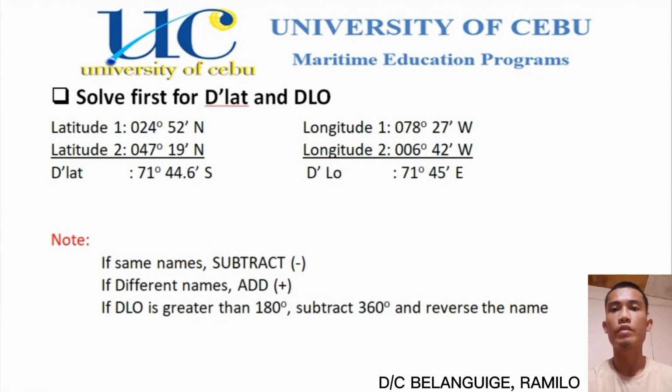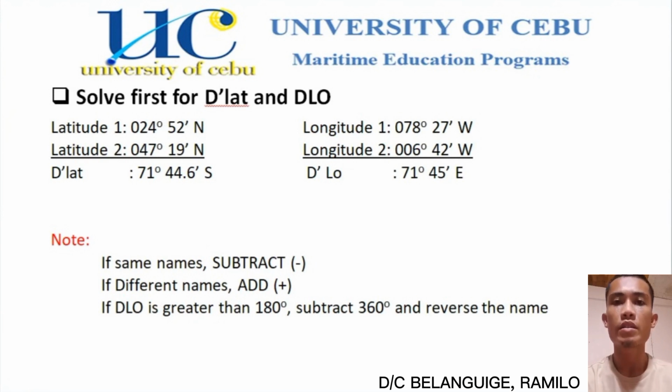And for the longitude, we have the longitude 1 and the longitude 2, where longitude 1 is 78 degrees 27 minutes west. The longitude 2 is 6 degrees and 42 minutes west. So we have the result of the D-long, which is 71 degrees and 45 minutes east.